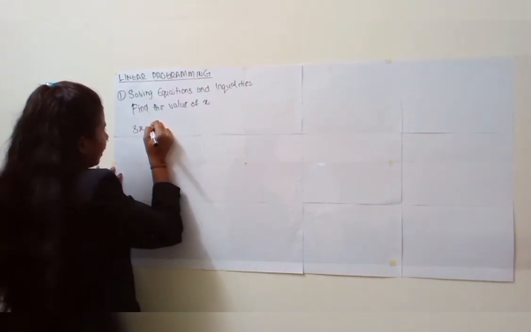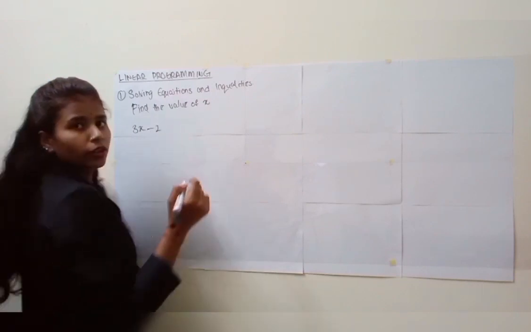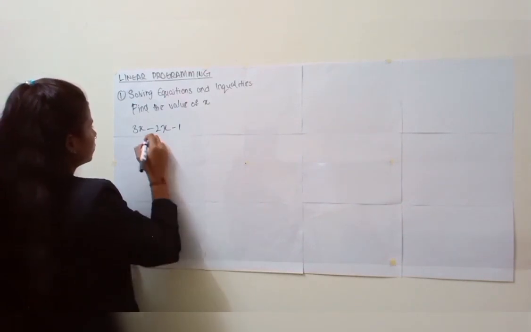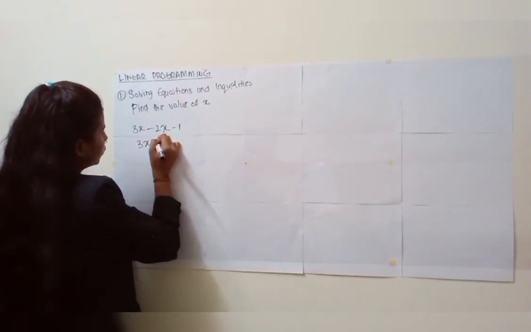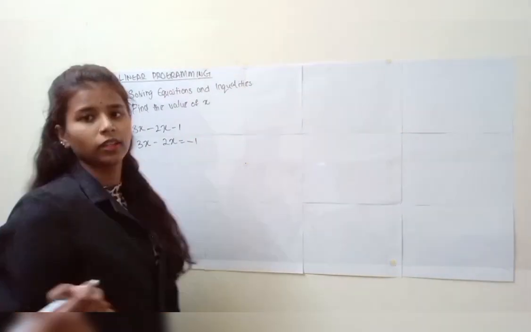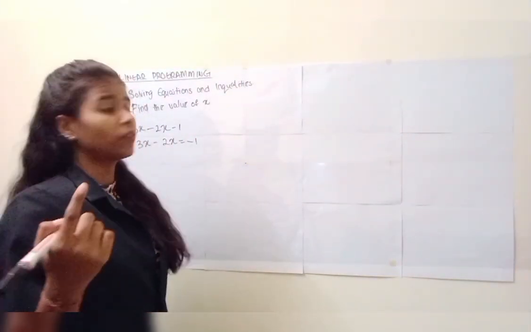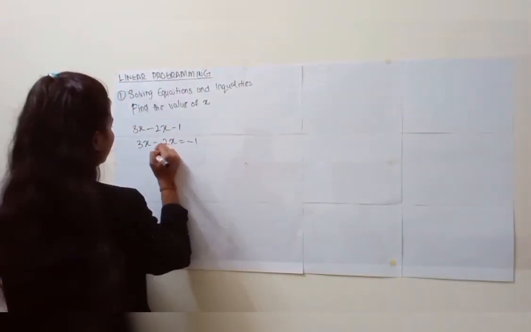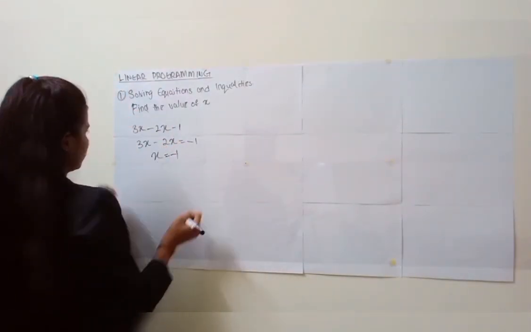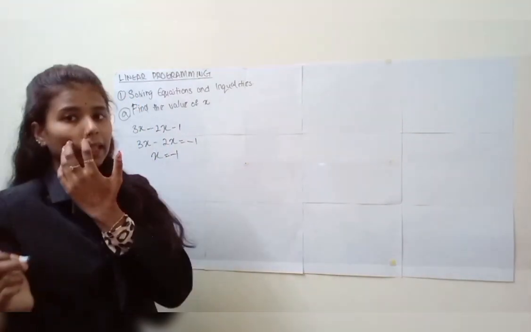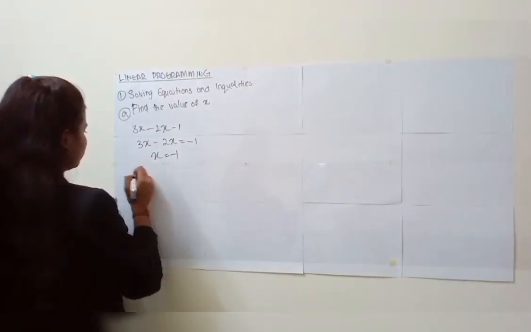So 3x equals 2x minus 1, so 3x minus 2x is equal to minus 1. So the value of x is -1. This one is answer A, and then the B part.